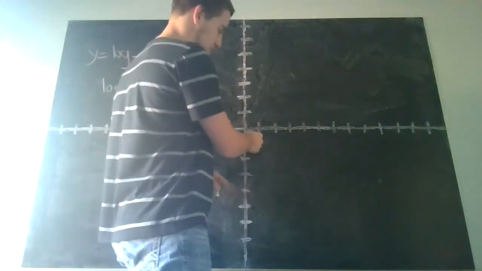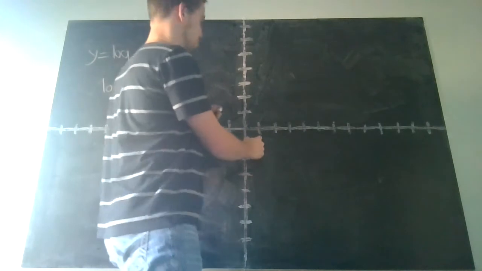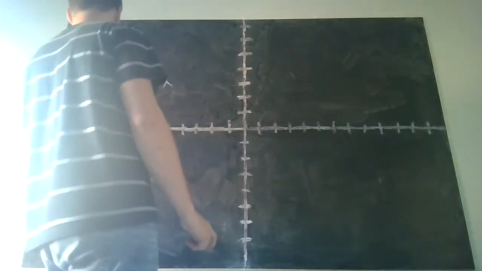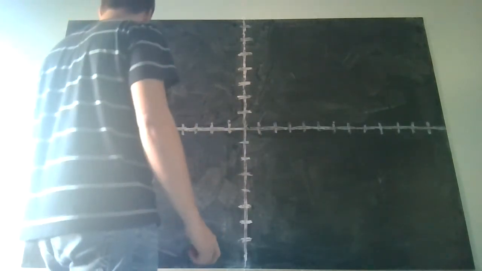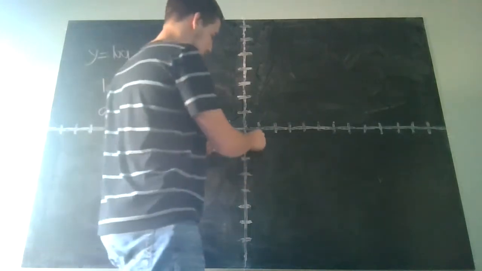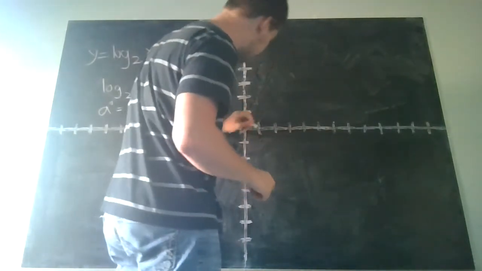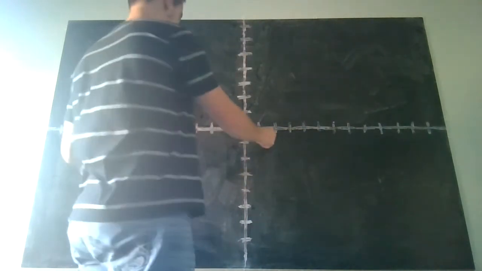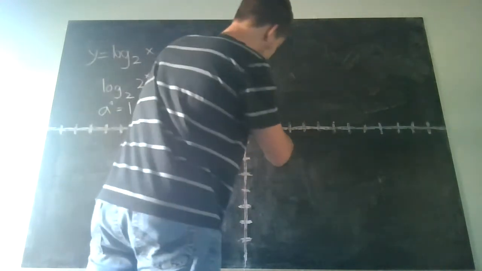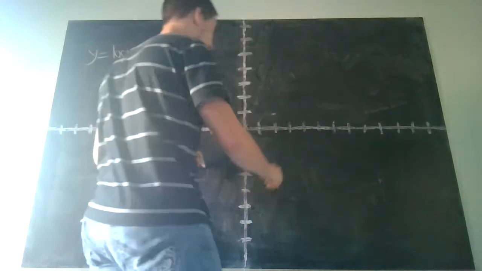So right now we have log base 2 of 1, 2 to the what is equal to 1? We remember that a to the 0 equals 1 for any a. So let's say that log of 1 with any base is equal to 0. Well, how about log base 2 of 2? That's 2 to the 1, so we'll put an output of 1.